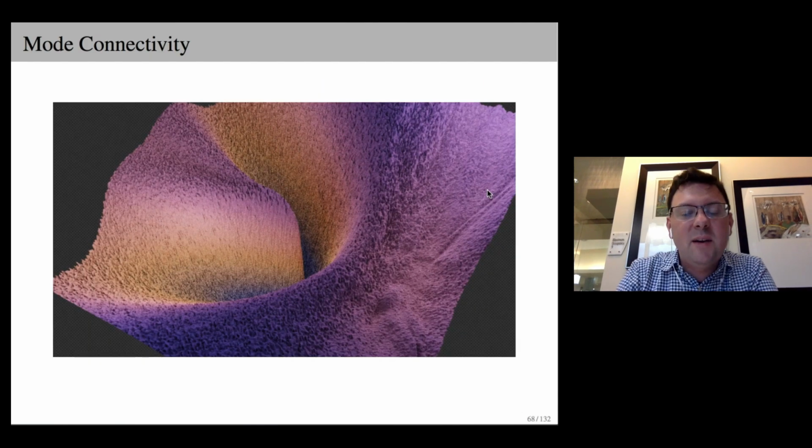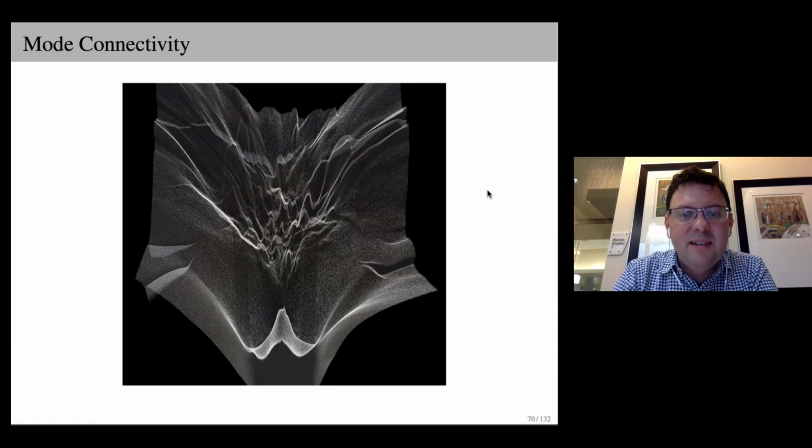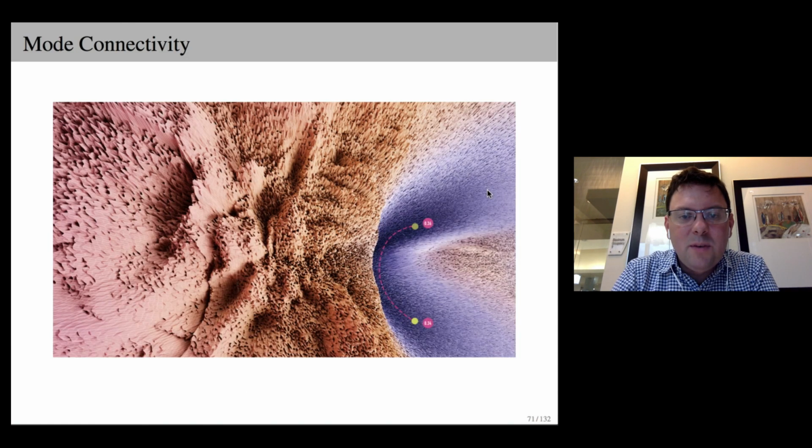Here we have several other visualizations of mode connectivity. We can see even in the two-dimensional slices that the structure of the loss surface is extremely complex, multimodal. Why would we choose just one of these points?